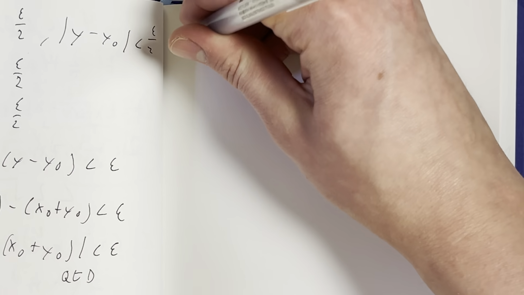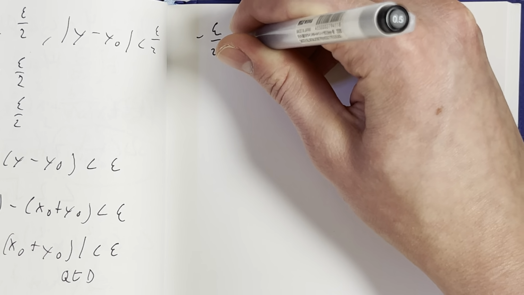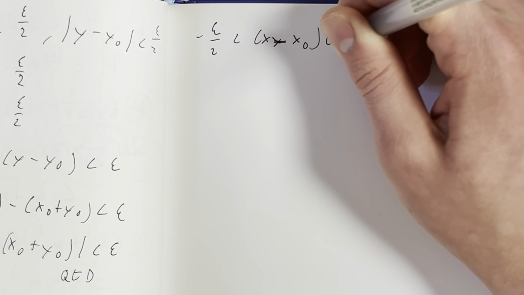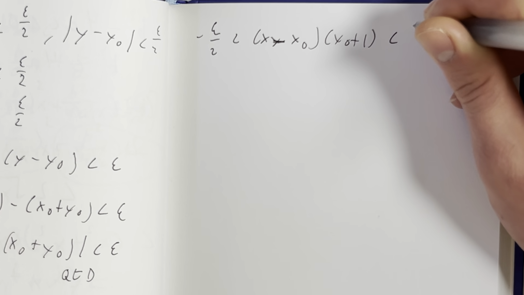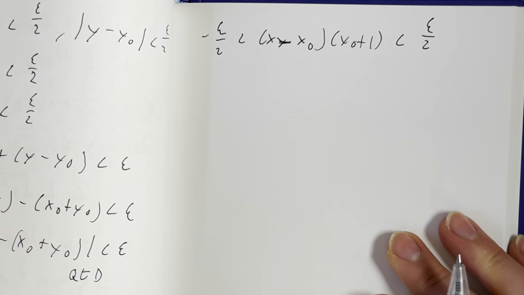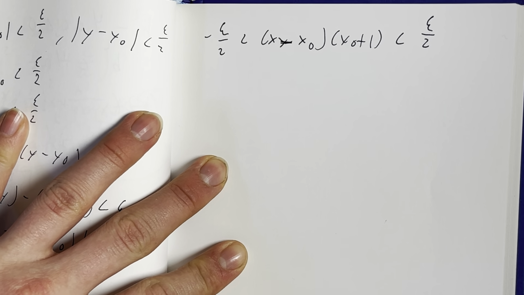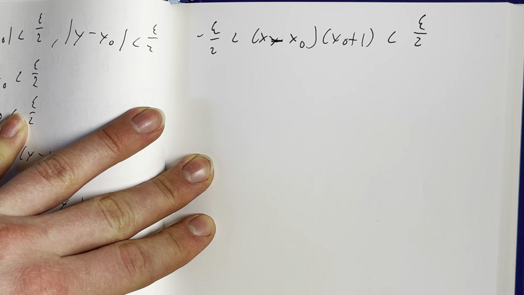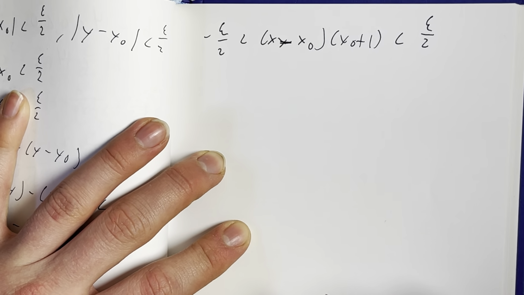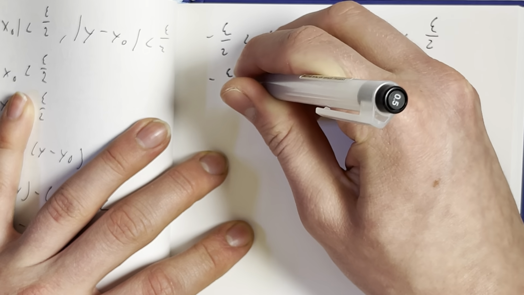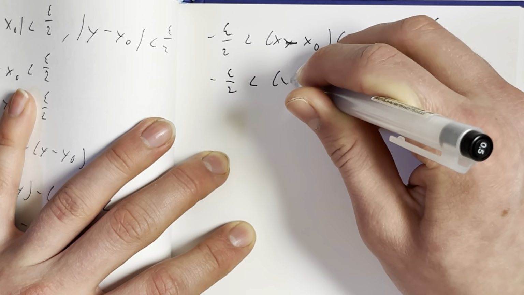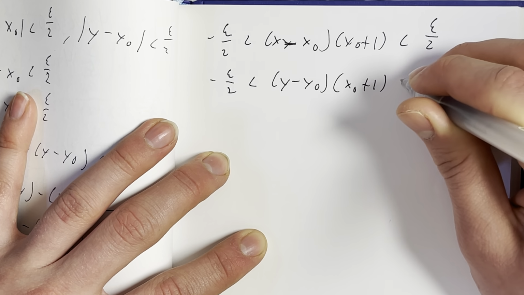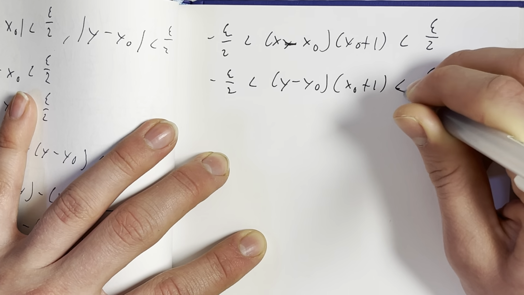So now we found out that negative epsilon over 2 is less than x minus x0 times y0 plus 1, which is less than epsilon over 2, or like between those two. And we can get a similar expression for y, which would be like this: y minus y0 times x0 plus 1 is less than epsilon over 2.